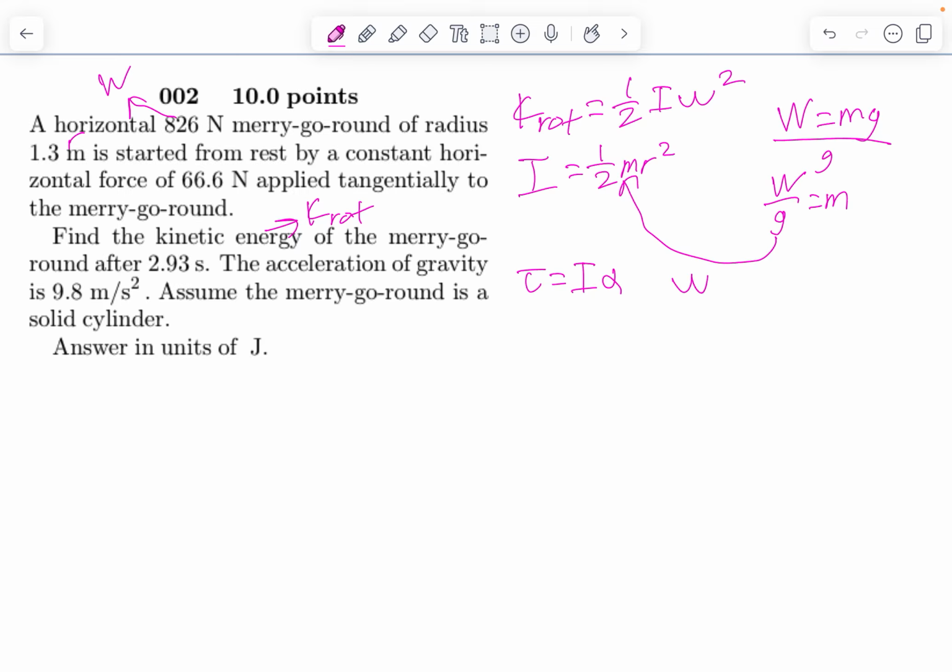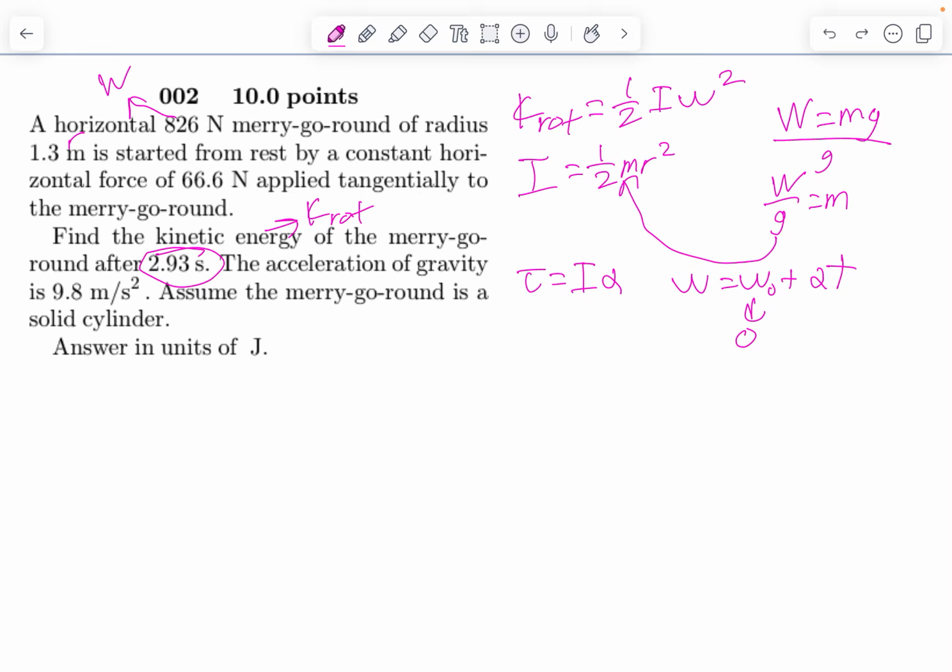And then we have our equation that we wanted: omega is equal to omega initial plus alpha t. Our initial angular velocity is 0. And we know our time. Our time is right there. Mine's 2.93. Yours is different. So if we know alpha and we know time, we can find omega, put that into our equation for rotational kinetic energy, and then you can solve.